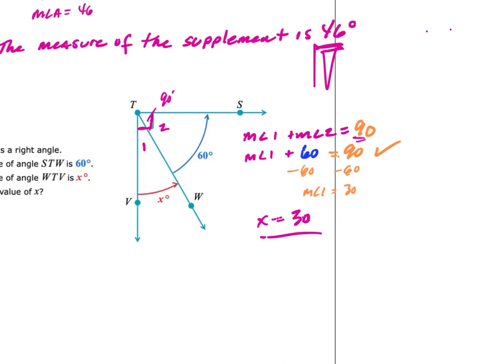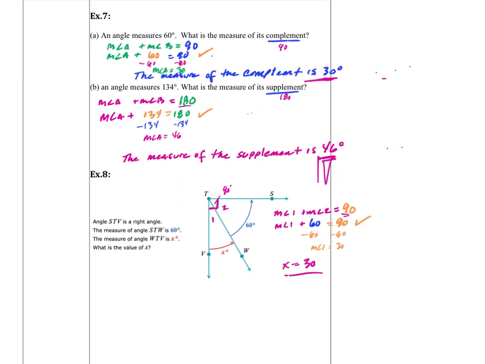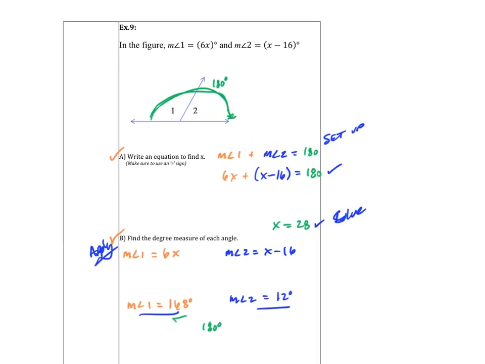X doesn't equal 30 degrees, x just equals 30. It's important that you can set it up as an equation, because if you can't set that up as an equation, you probably can't set this up as an equation.